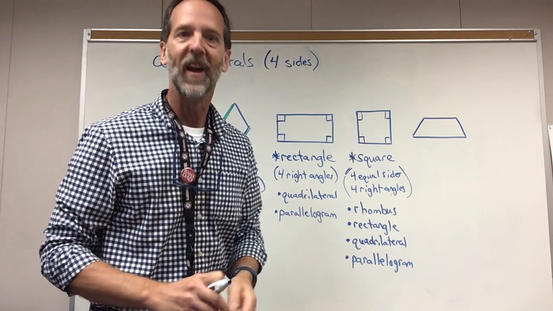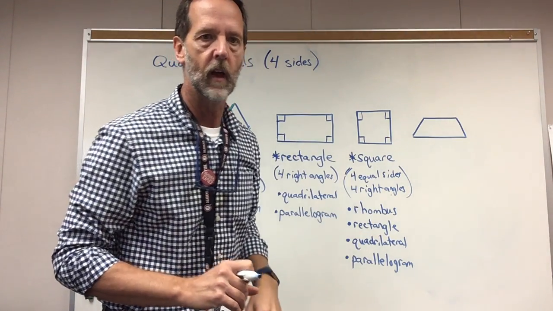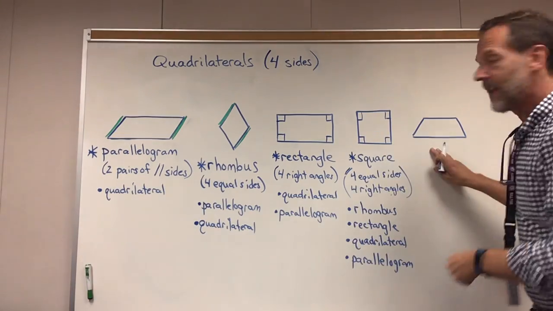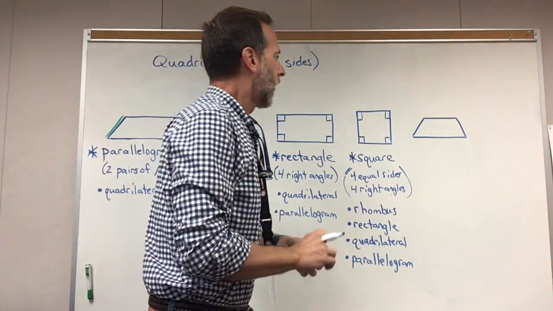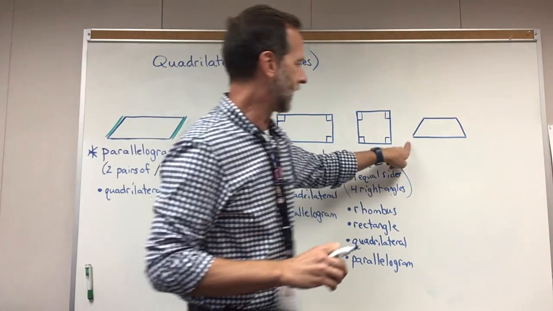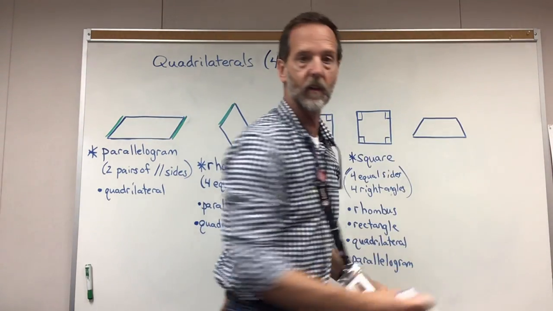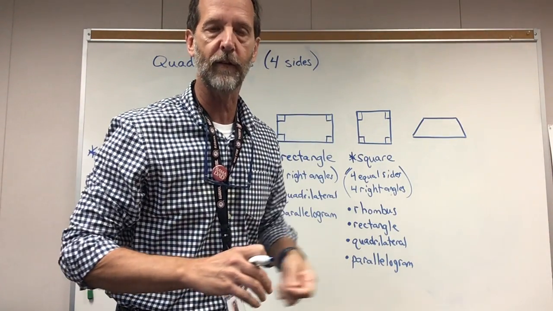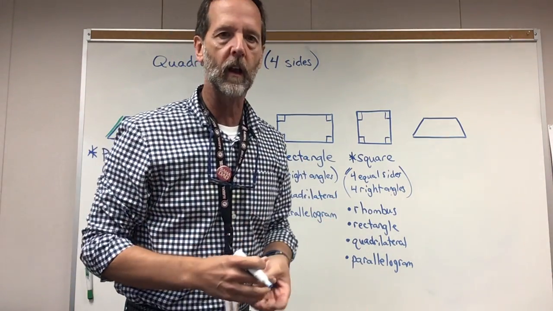Whew. We've got one more quadrilateral to do, and that's this one over here. Okay? It has 4 sides. Of course, that makes it a quadrilateral. All right? Are the sides equal in length? They're not. This side is longer than that side, and they're both longer than the other sides. So this does not have 4 equal sides at all. Are the opposite sides parallel?